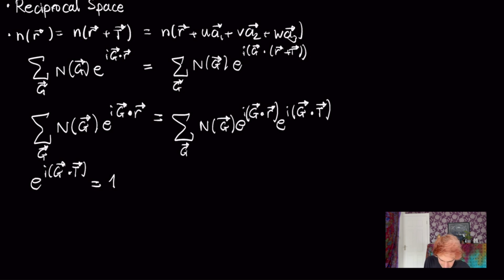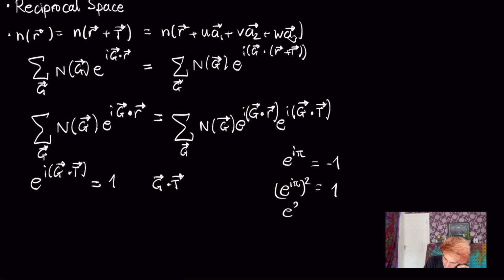So what does that mean? Well, if e to the i g dot t equals 1, then what does g dot t have to equal? As we know from our famous formula, e to the i pi equals minus 1. If we square both sides, then we get e to the i pi all squared is equal to 1. And then this 2 just becomes embedded within the argument in the exponential.